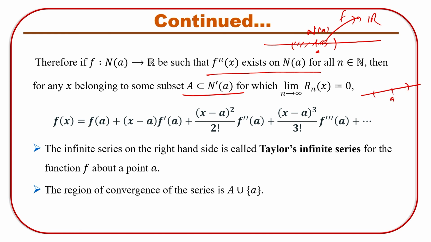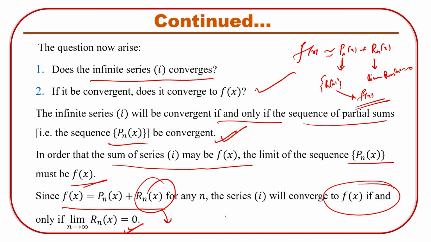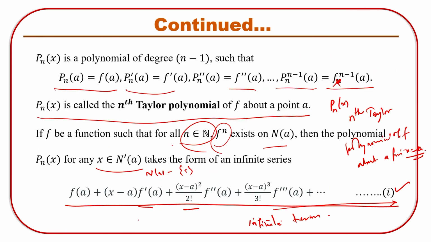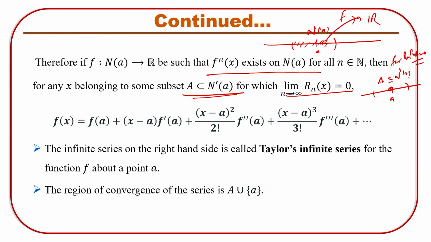A is any subset of N(a) for which the limit of R_n(x), the remainder terms, is going to be 0. f(x) now becomes, since R_n(x) is going to be 0, f(a) plus (x minus a) f'(a) plus (x minus a) squared over 2 factorial f''(a), and so on. So, that is the whole criteria.